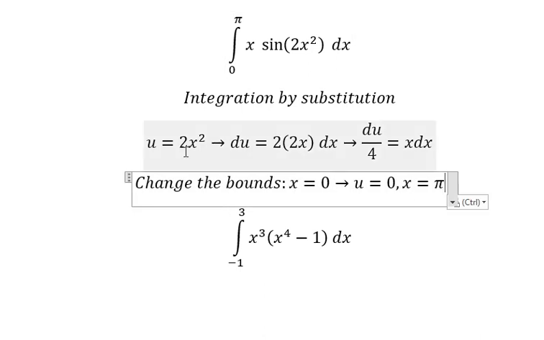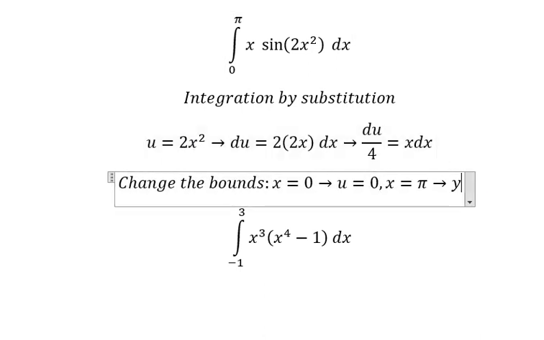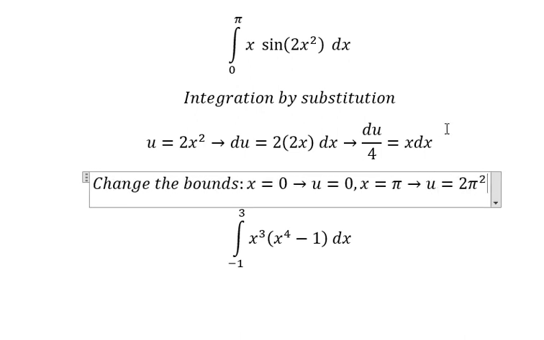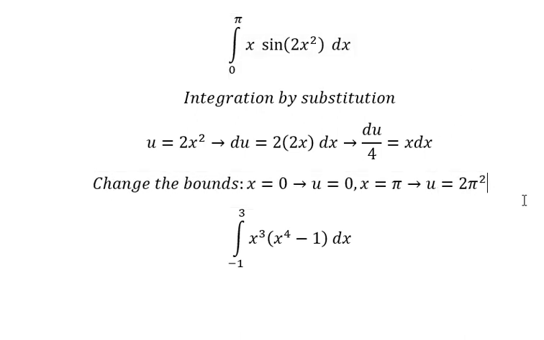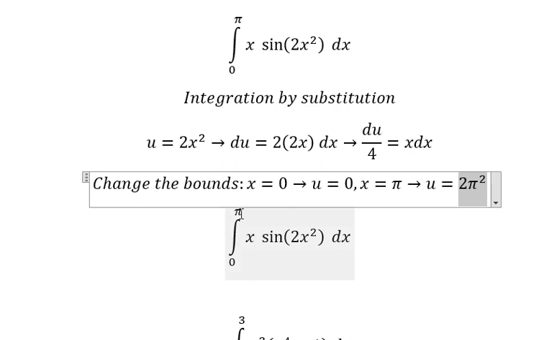So I need to put b in here, and we get u equals to 2b squared. So number 0 we keep as number 0. For b we change by this one.